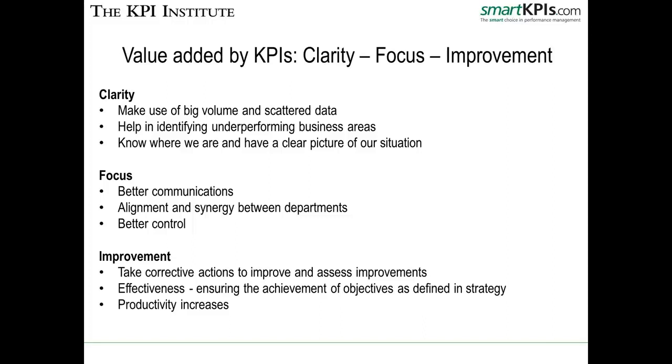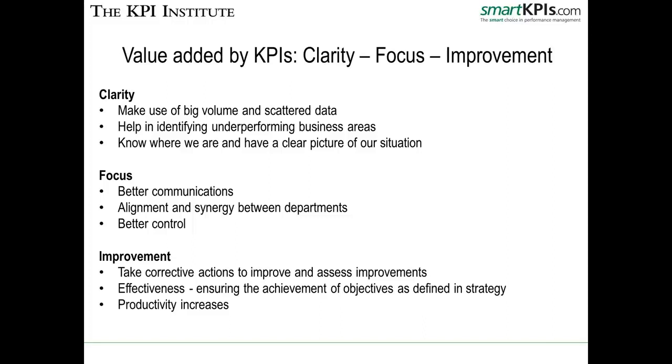But on the other hand, they are also about learning. So I would balance control with learning. We should use KPIs for learning our business a bit better. And finally, improvement. KPIs illustrate what needs to be addressed, but at the same time they illustrate the progress we are making in addressing things that need to be fixed.